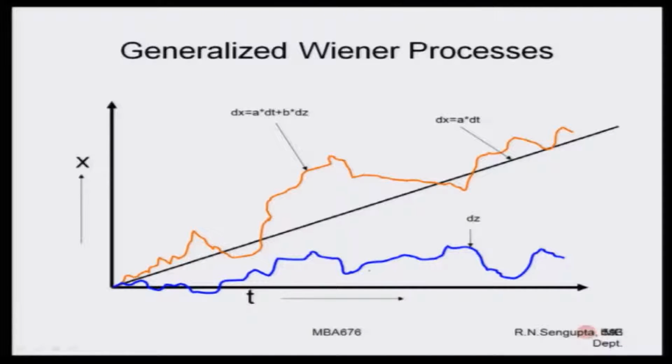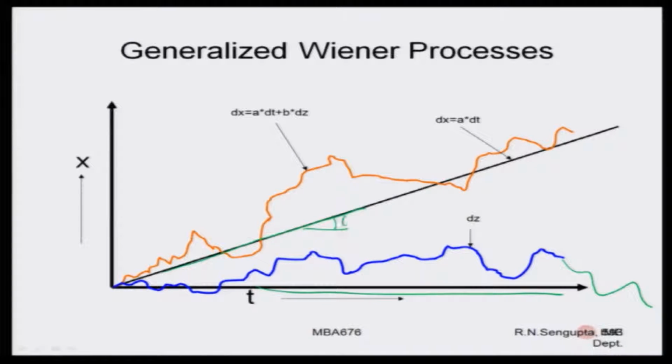Now I am trying to draw this. If you remember, this is the simple Wiener process where the expected value was 0. So this is the Wiener process, it is going like this. The average value is always 0, and if I consider the generalized Wiener process with the drift and the white noise, then you will see this would be given by the rate of change of the drift.